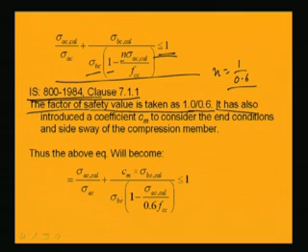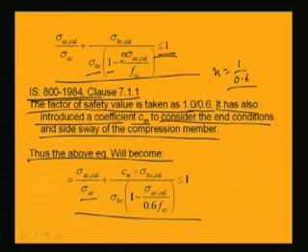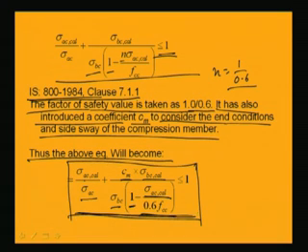It has also introduced a coefficient Cm to consider the end conditions and side sway of the compression member, and thus the above equation will become like this: sigma AC calculated by sigma AC plus Cm into sigma BC calculated by sigma BC into 1 minus sigma AC calculated by 0.6 FCC. Okay. So, the modified equation will become this as per the new codal provision given in IS 800 1984.